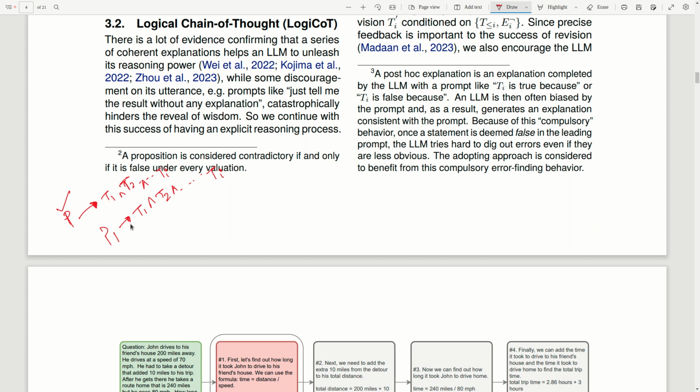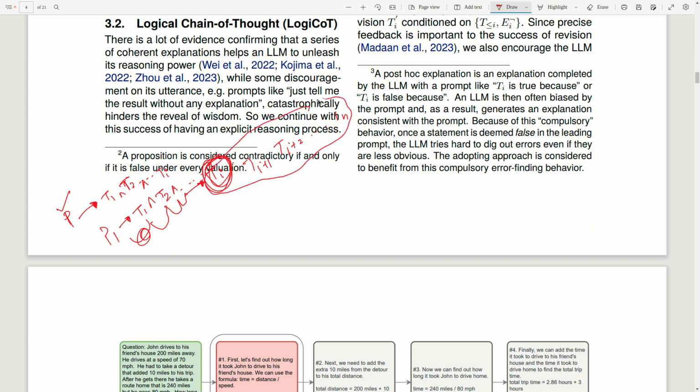So basically what I'm trying to say is, if P is some premise or prompt and T of I is the step of thoughts in the chain, and let's say T of I fails the verification process, it implies that the premise and previously verified thoughts, which were less than T of I, do not entail T of I. So if this particular step failed in the verification process, then we are not going to reach T of I from all the previous thoughts in the chain, and all the thoughts after T of I, that is T of I plus 1, T of I plus 2, up to T of n, need to be revised.